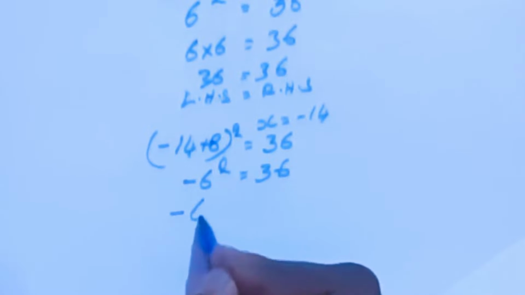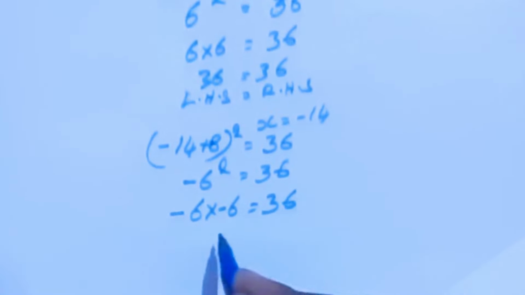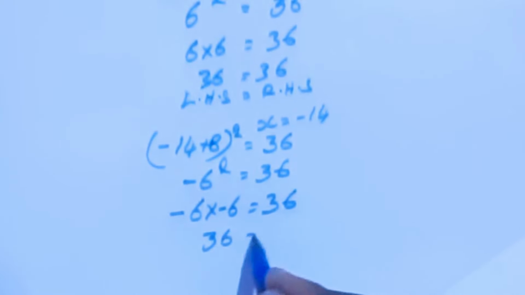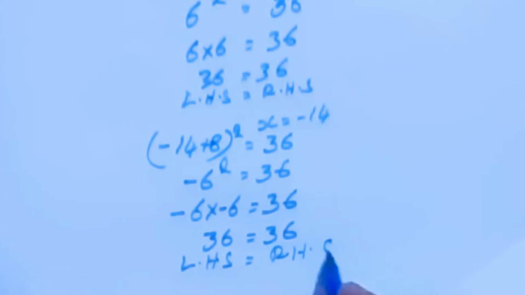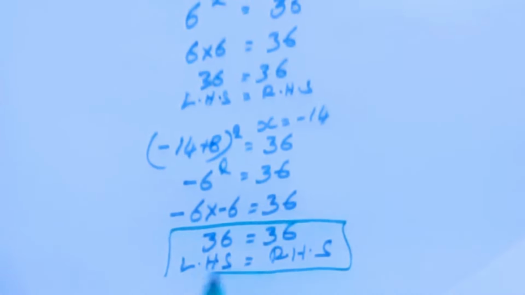Here -6 times -6 equals 36. Here it is 36 equal to 36. So LHS equals RHS. Here we have verified both the x values.